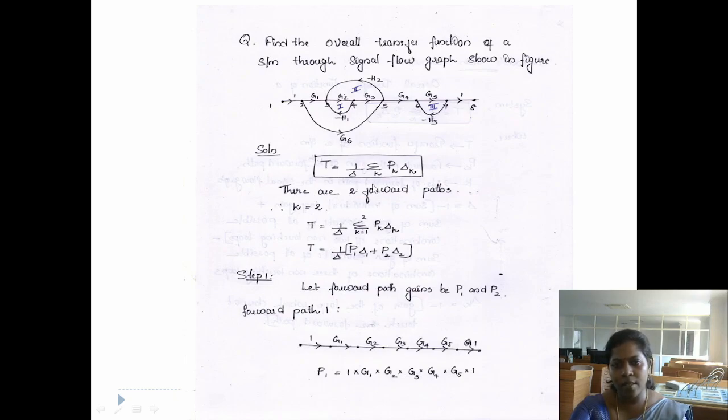By substituting k is equal to 2 we can remove the summation sign, that is T is equal to 1 divided by delta summation k is equal to 1 to 2 pk del k. By substituting the k value, the formula will change to T is equal to 1 divided by delta, p1 del 1 plus p2 del 2.